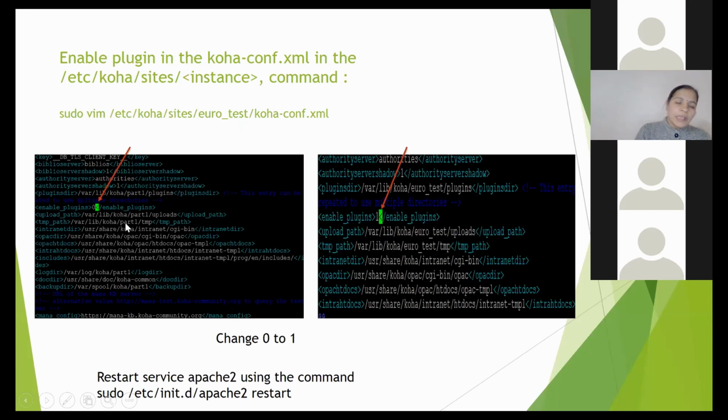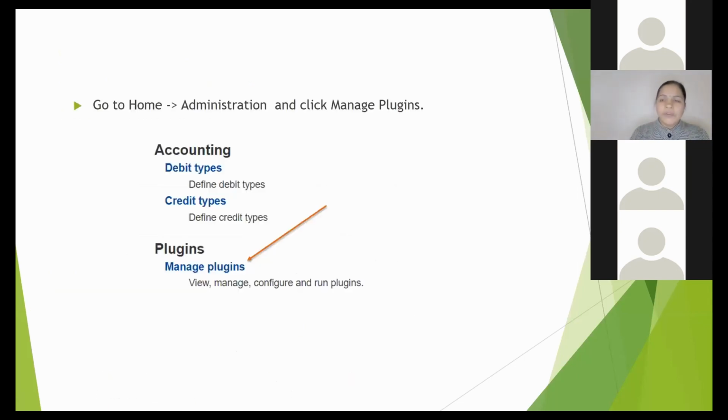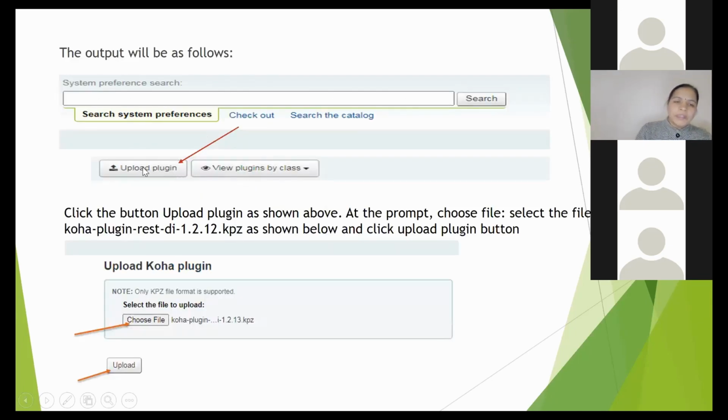Then we have to change 0 to 1, which looks like this, and then run sudo service apache2 restart. After configuring the koha-conf file, the plugin button will appear on the Koha administration page. Then we click the manage plugins option. This screen will appear on our computer. After that we should click upload plugin.